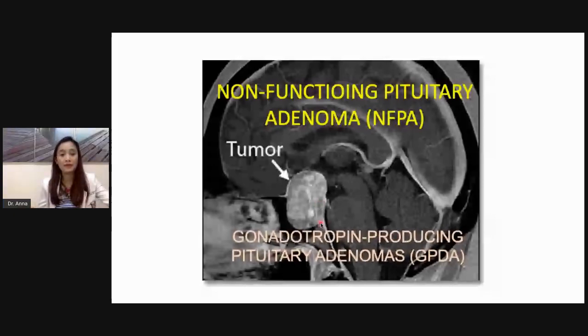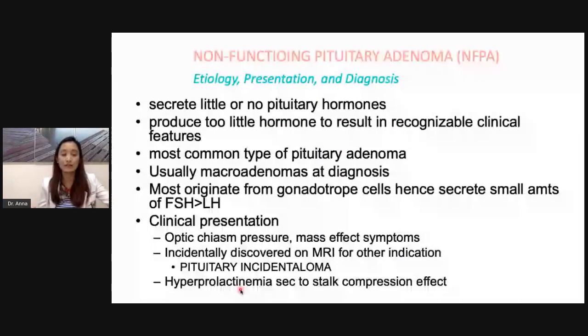If your dopamine cannot reach your pituitary, you will have excessive prolactin secretion. Therefore, you will have your hyperprolactinemia. And more often than not, this is the only hormone that is abnormal in a non-functioning pituitary adenoma.